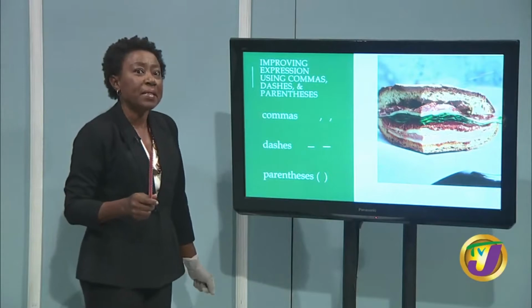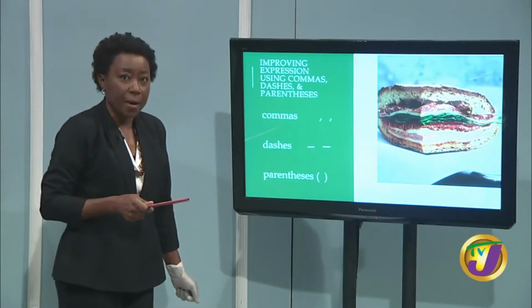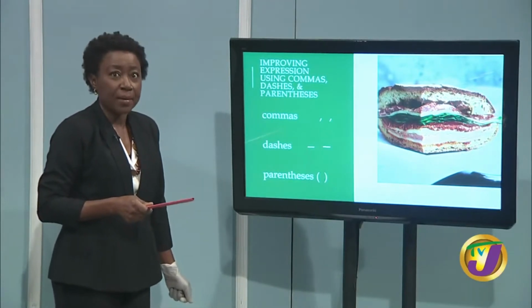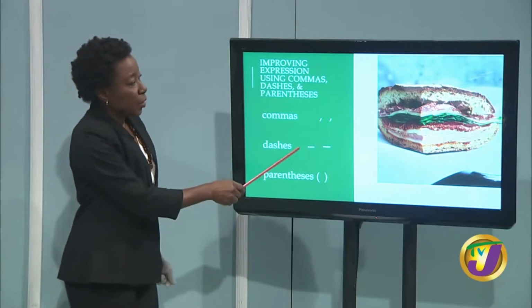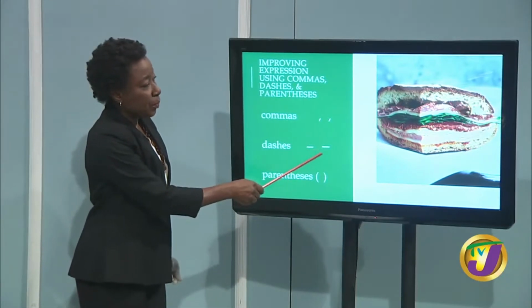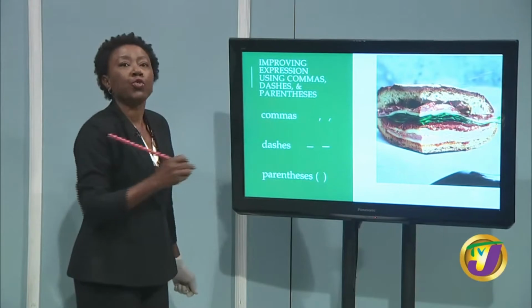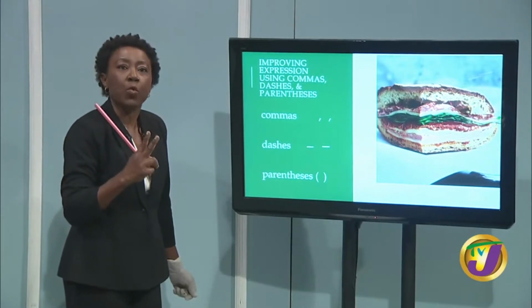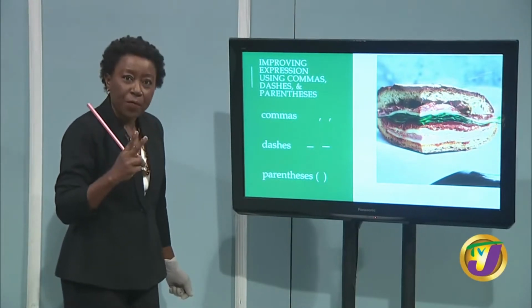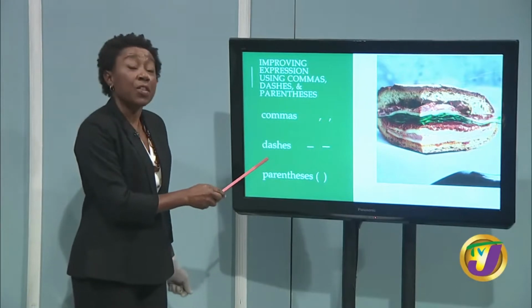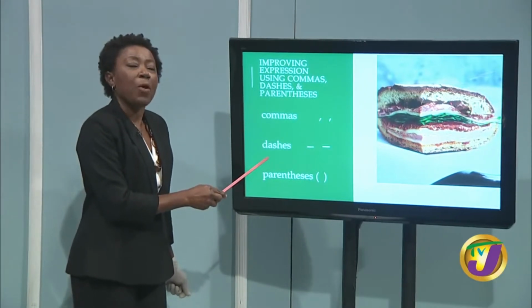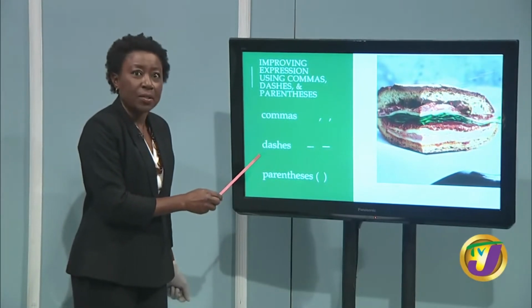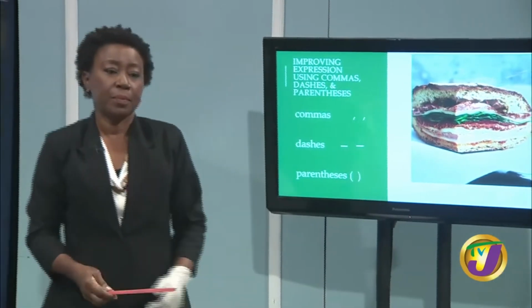So that means a dash is a longer mark than a hyphen. Okay then? So dashes and commas, 2 of them must work together if you have inserted parentheses in a sentence. All right.